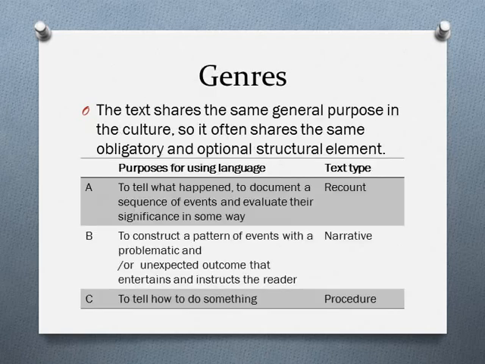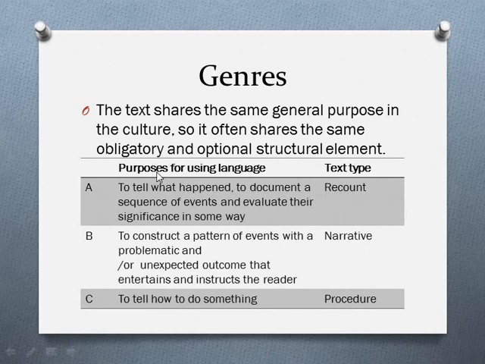And genres. I think maybe you have discussed genres in your writing class. Genre is about text types which share the same goal, the same general purpose in culture, so they often share the same obligatory and optional structural elements. It's like a type of text, based on the purpose.